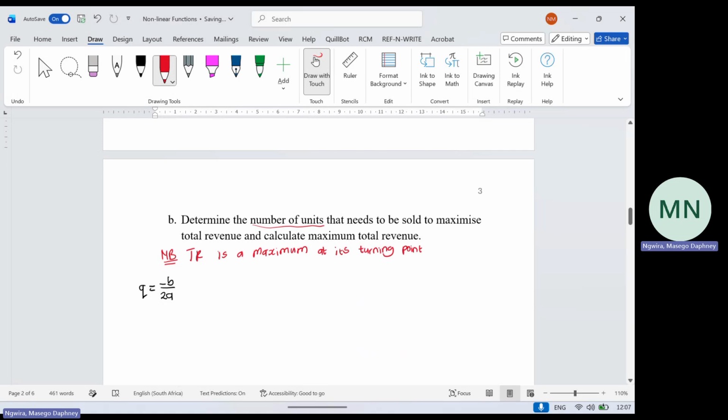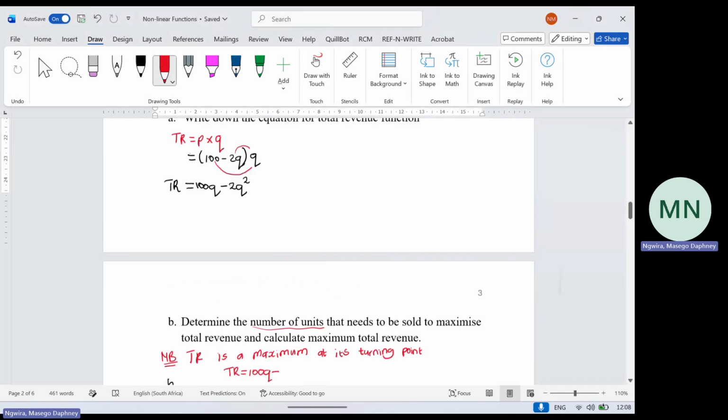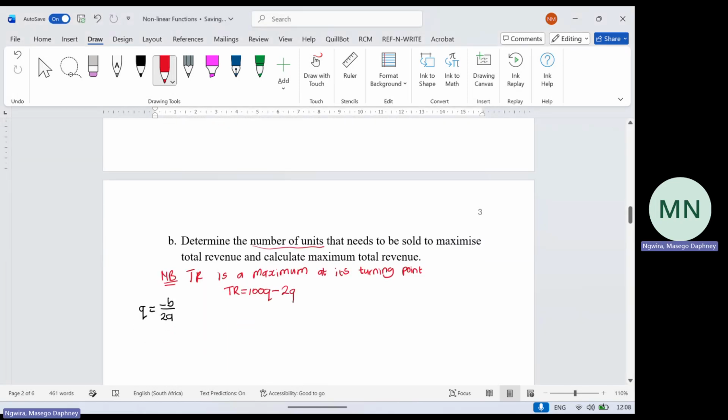So our function for the total revenue, TR is equals to 100Q minus 2Q squared.